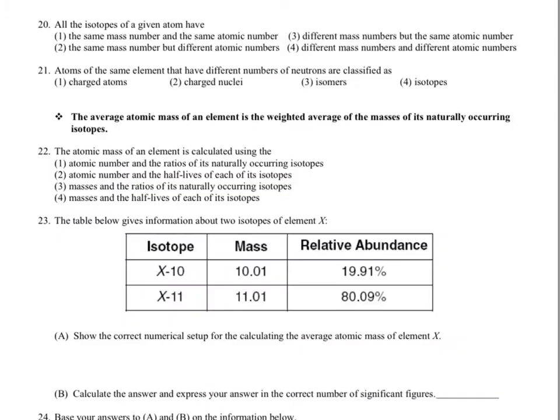The next question is simply the definition of an isotope. We know that isotopes have the same atomic number, but different masses.